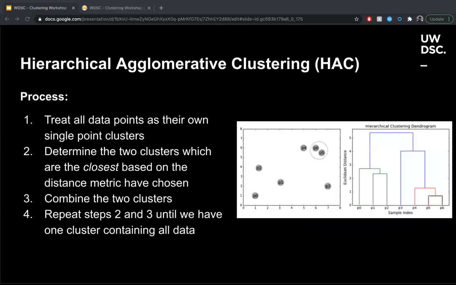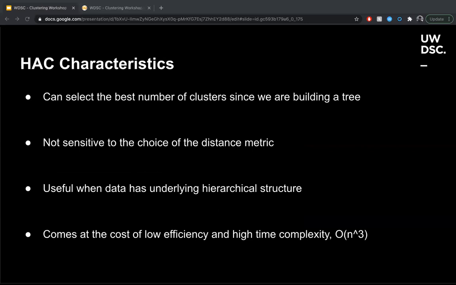Okay. So some characteristics of HAC are that we can select the best number of clusters since we are building a tree. Remember, that was a limitation of centroid-based clustering and k-means, but with HAC we can choose the best number of clusters. Think about my example with biology, kingdoms and phyla and classes. Those are in a way almost arbitrary groupings.